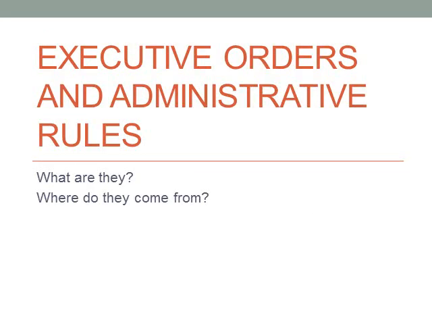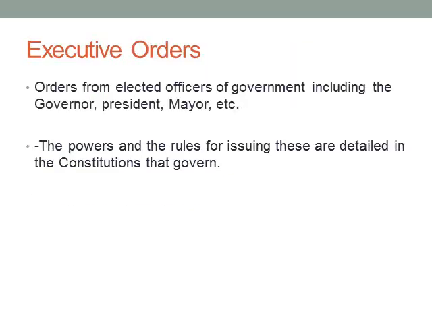And then our last body of law, I have two under one. I kind of lump them into this one section: executive orders and administrative rules or laws. So where do these come from? Executive orders, if you live in New York State, you're hearing about the governor passing a whole lot of executive orders as a result of us being involved in the COVID-19 and dealing with the coronavirus.